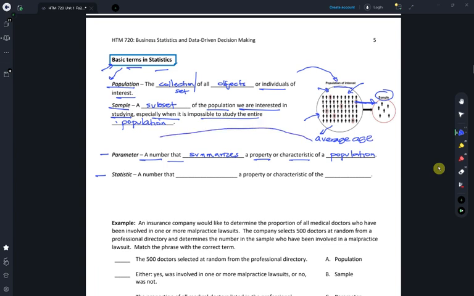This average age for the entire population is an example of a parameter. Otherwise, if I have limited resources and all I can access is the sample, and I collect data on the ages of all those in the sample, if I get the sample average age, this would be an example of a statistic, which is a number that summarizes or represents a property or characteristic of the sample drawn from the target population.